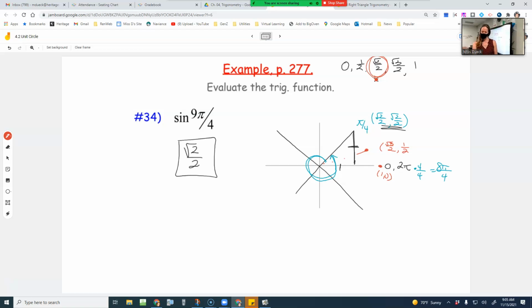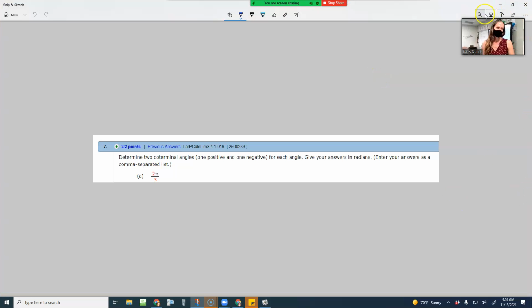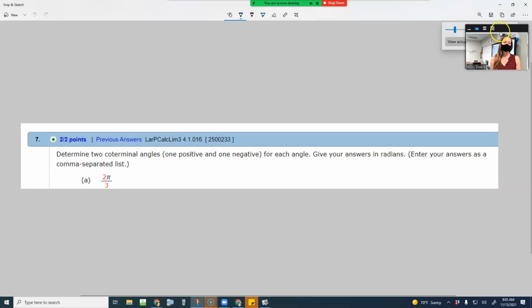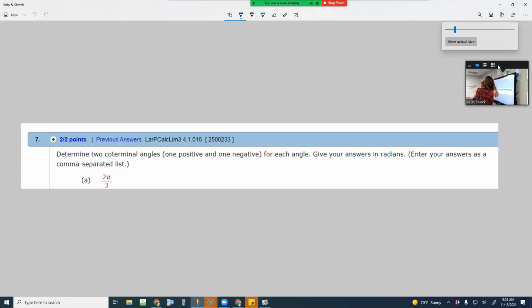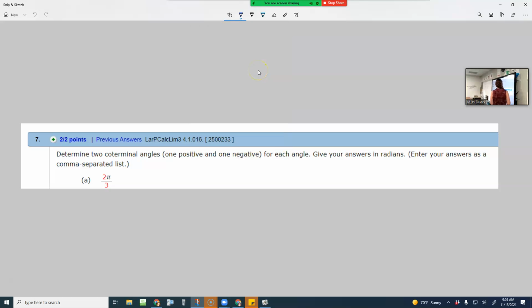Now let's go look at your homework questions, because they kind of came off of this, right? You guys were asking for determining coterminal angles. We just had a coterminal angle for pi over 4. They gave it to us, but just because they gave it to us doesn't mean that we can't make them ourselves.